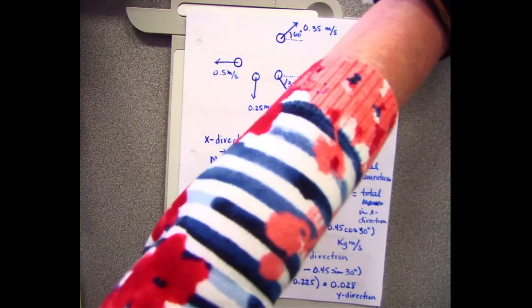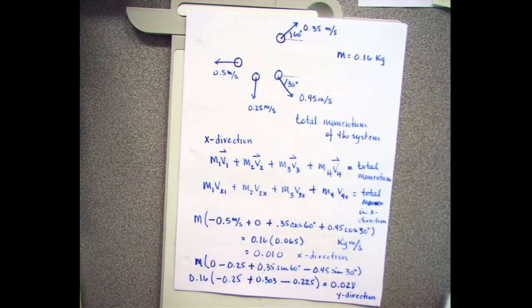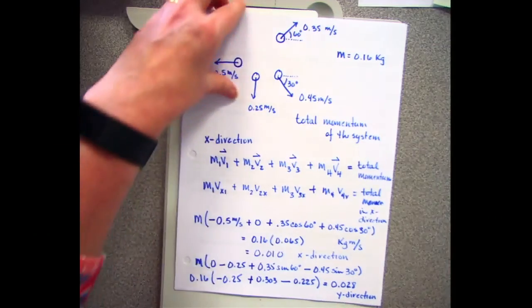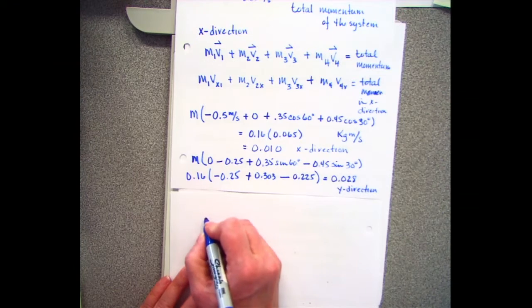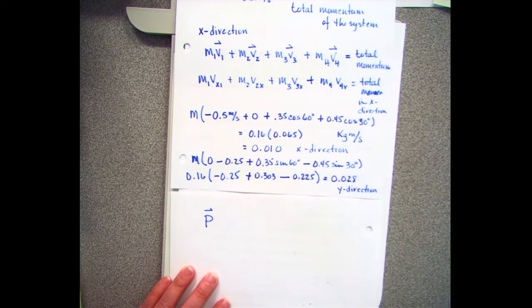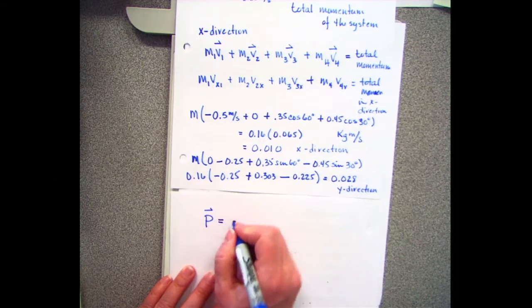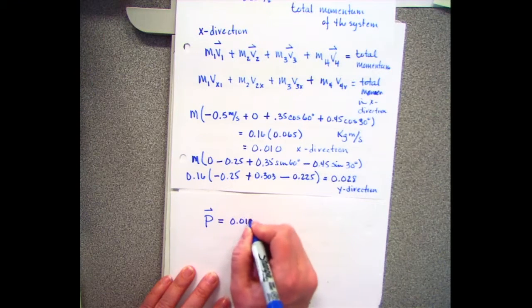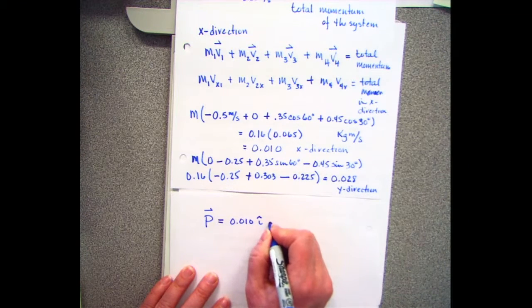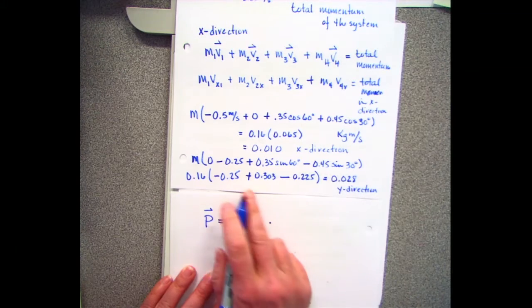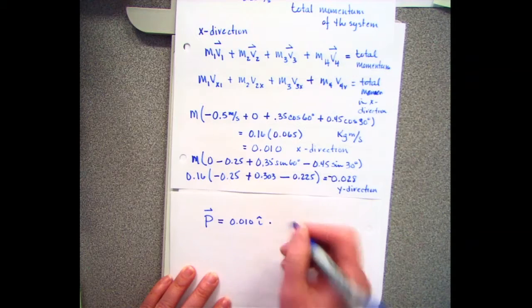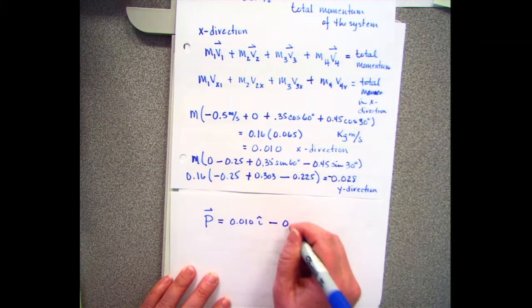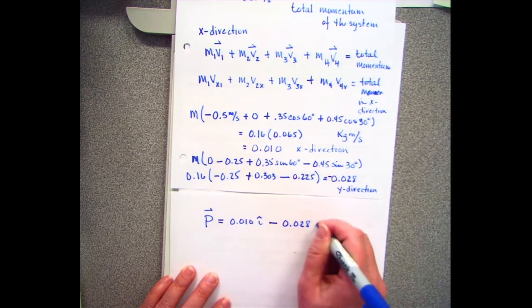Now, depending on how WebAssign actually wants the value for the total momentum, I can do it like this: the momentum vector is going to equal 0.010 in the i, that should be a minus 0.028 in the j.